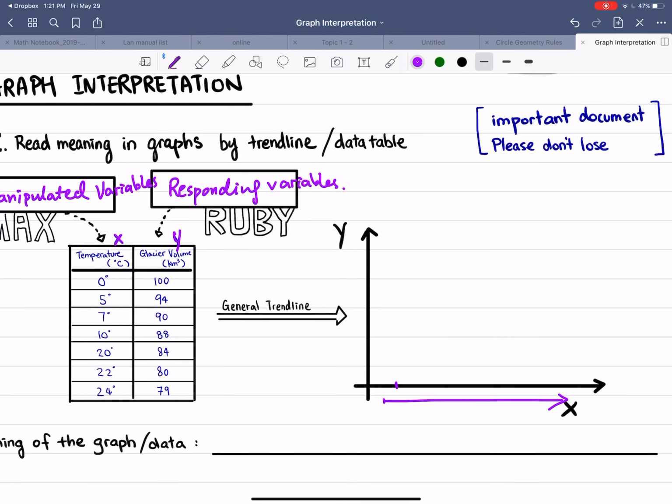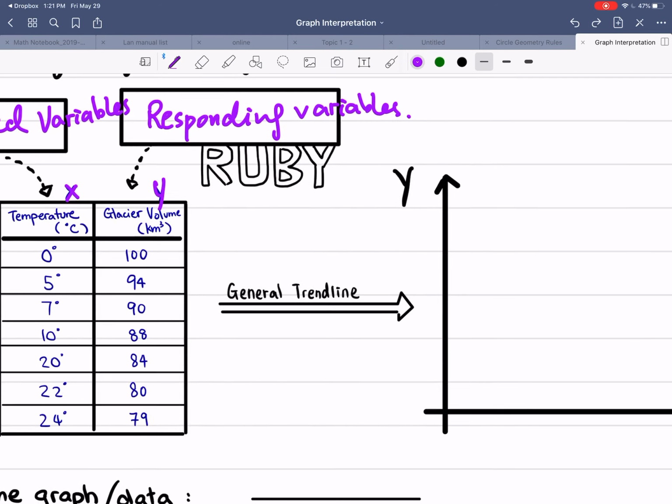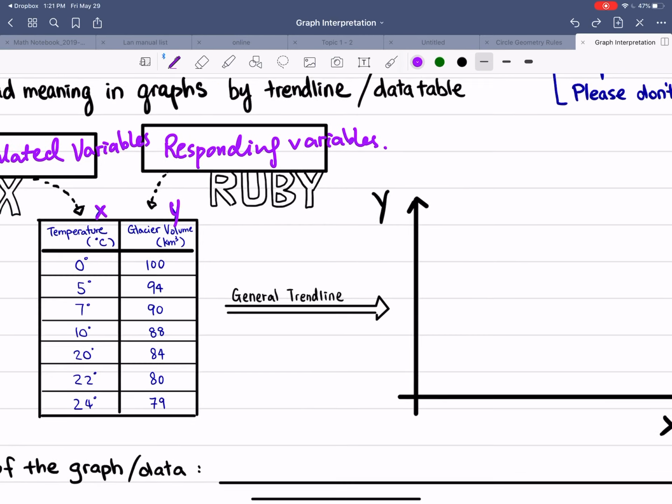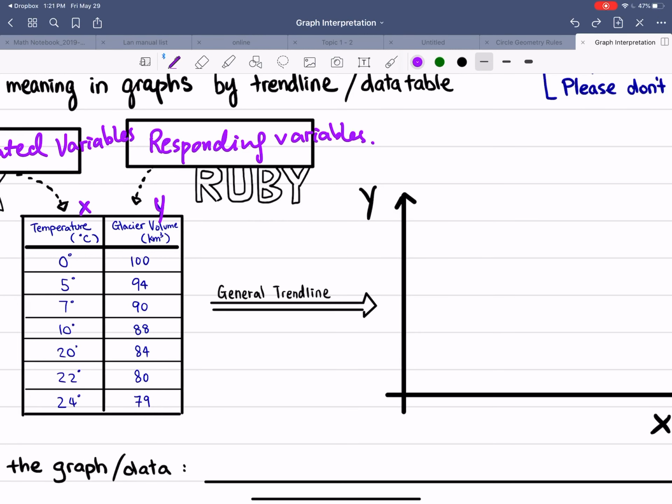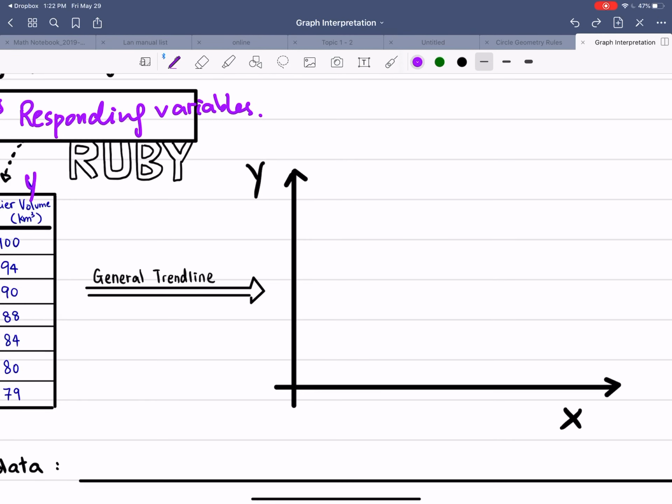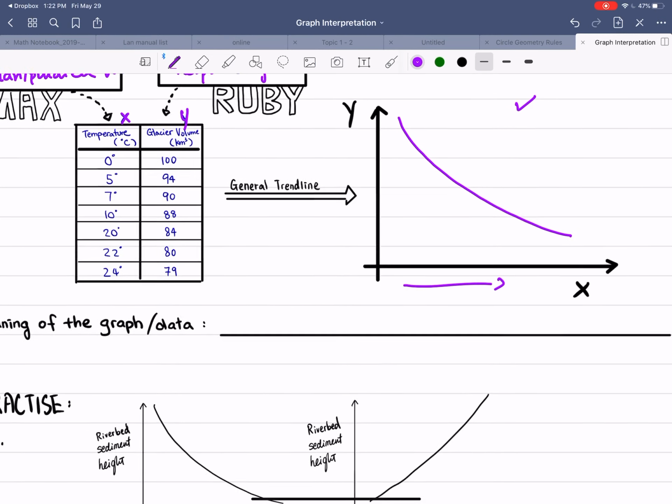So as temperature increases, our glacier, which is the y, will increase or decrease? It will decrease. So as x increases, y will actually decrease. That's why we say from left to right, the graph is going down like this. If you write something like that, you will basically get full marks because I only ask you to draw a trend line.